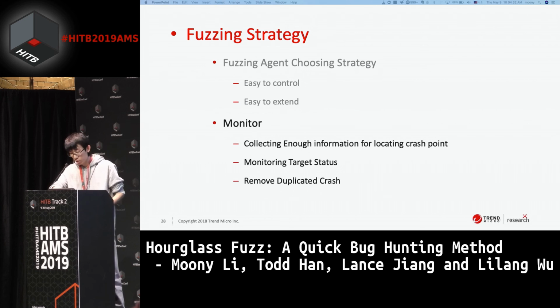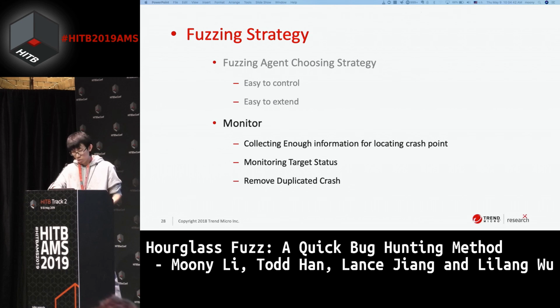And then there is the monitor. The monitor should at least be able to collect enough logs on time and locate the crash point. It should also monitor target status in order to restart the target when the target is hung or in some other unexpected state.